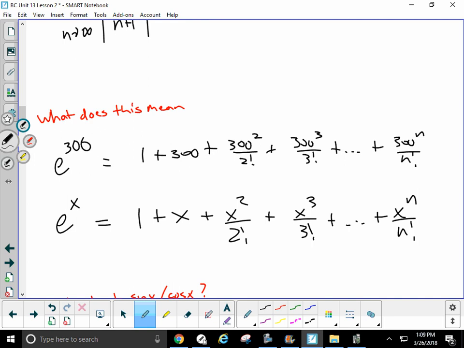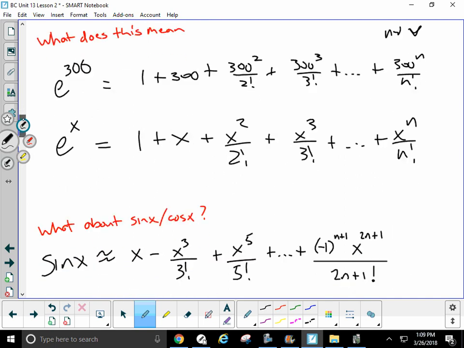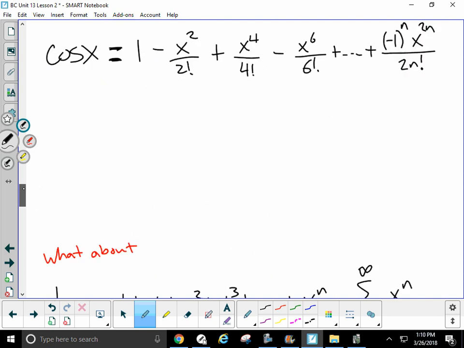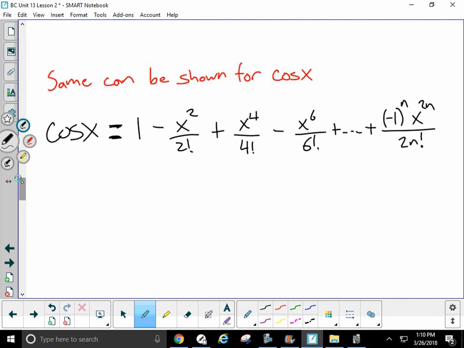Okay? And n approaches infinity. The same can be done for cosine. The cosine function is equal to its Maclaurin polynomial. If you use an infinite amount of terms, the Maclaurin polynomial will cover the entire graph of cosine of x.